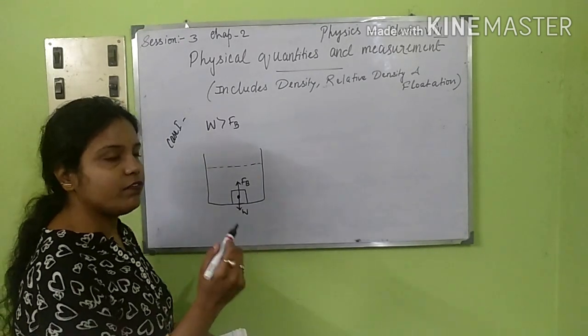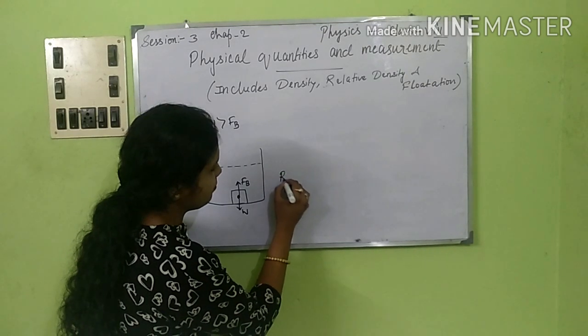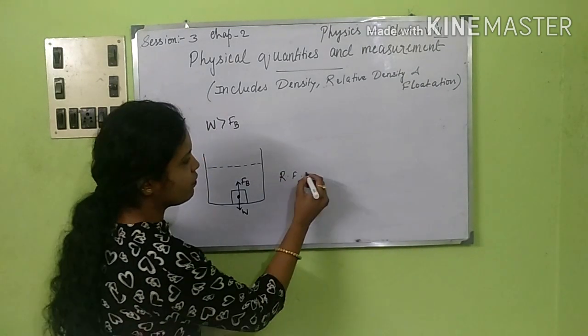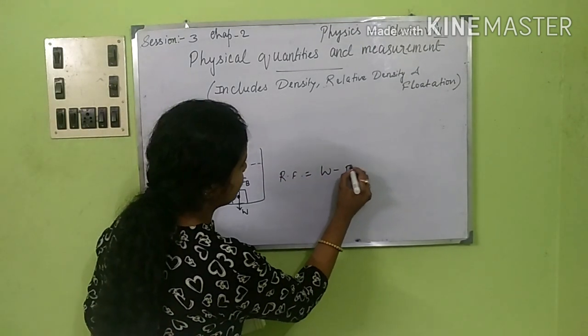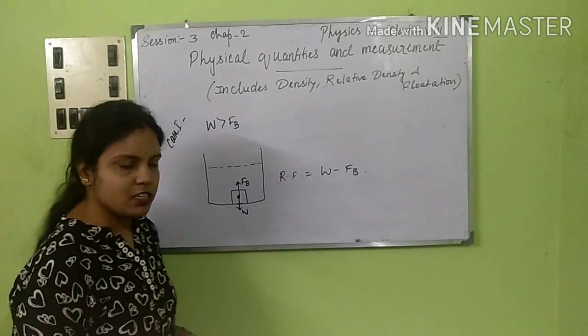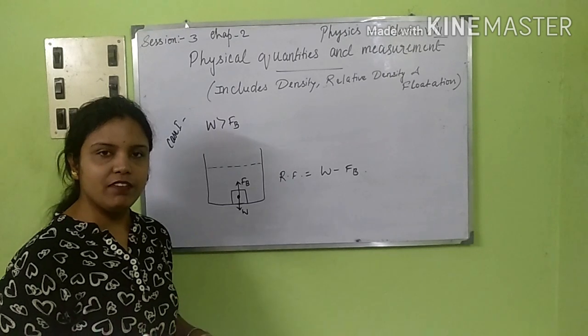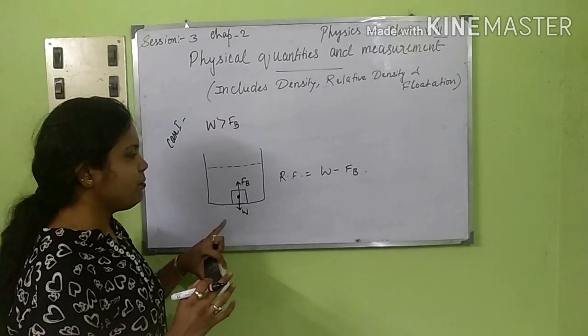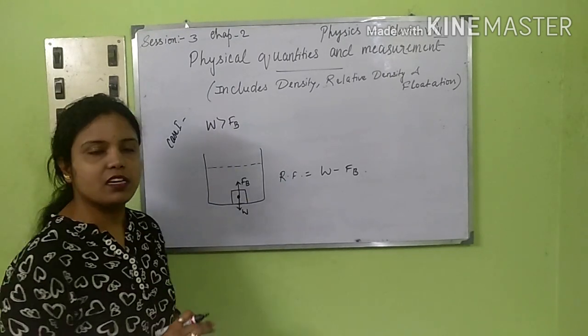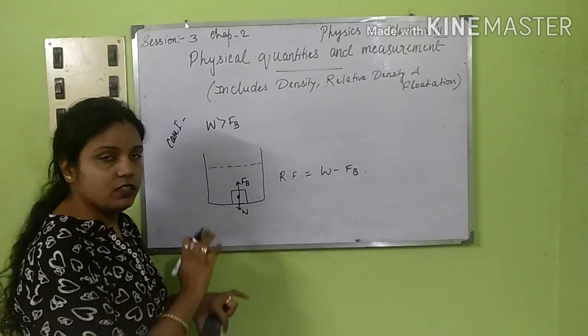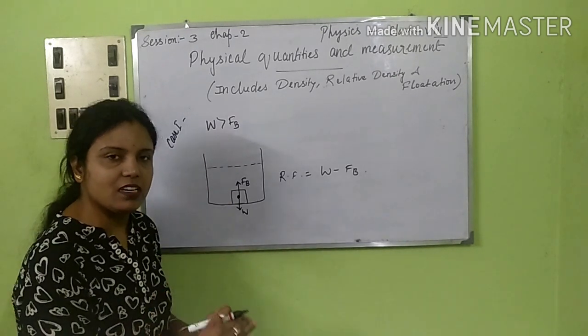Now the resultant force, obviously I'm just taking it as RF, will be equal to W minus FB, right? Since weight is more than FB, therefore what will happen to the body? Obviously it will sink below the water or the liquid. It will just sink down.